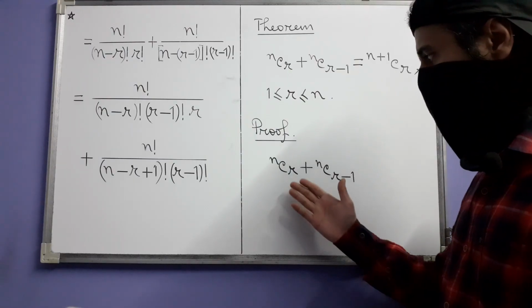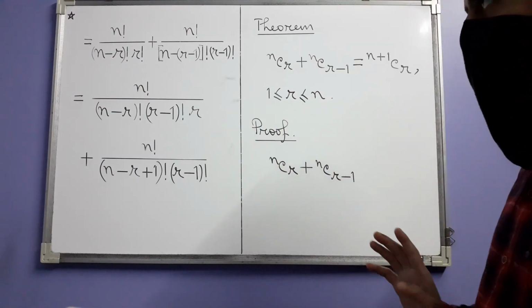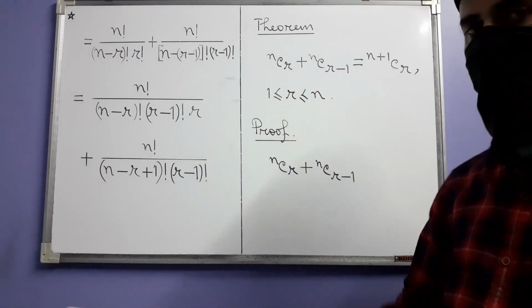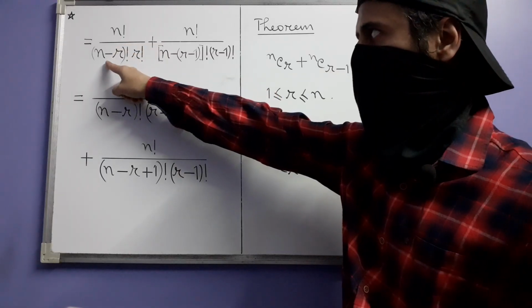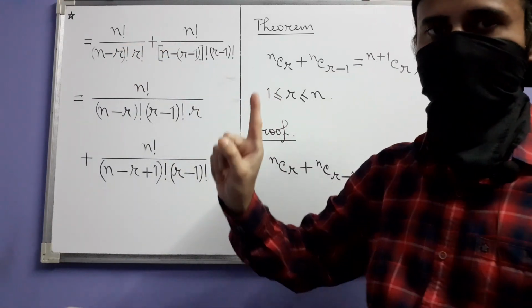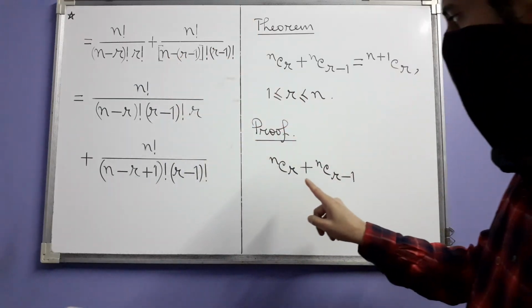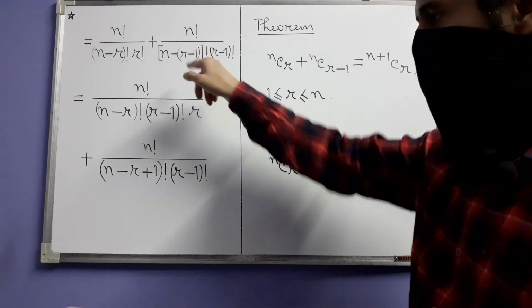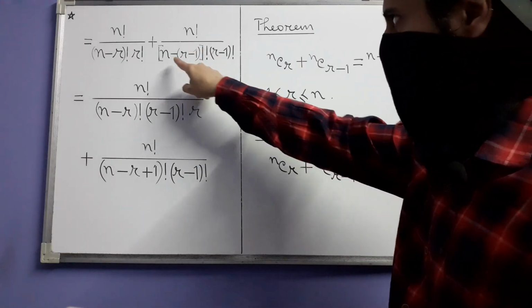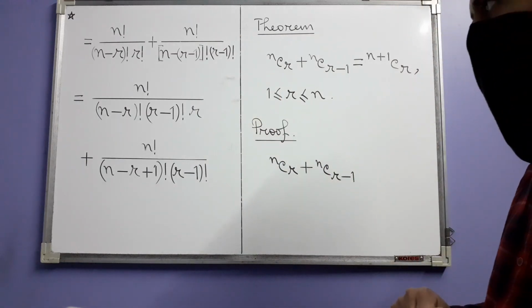To prove this, we just take the left hand side, nCr plus nC(r minus 1), and then use the formula for combination. nCr is n factorial divided by (n minus r) factorial times r factorial. Just like that, this one is n factorial divided by (n minus, here the lower number is r minus 1), so we put r minus 1 within brackets carefully because there is a minus outside, factorial times (r minus 1) factorial.